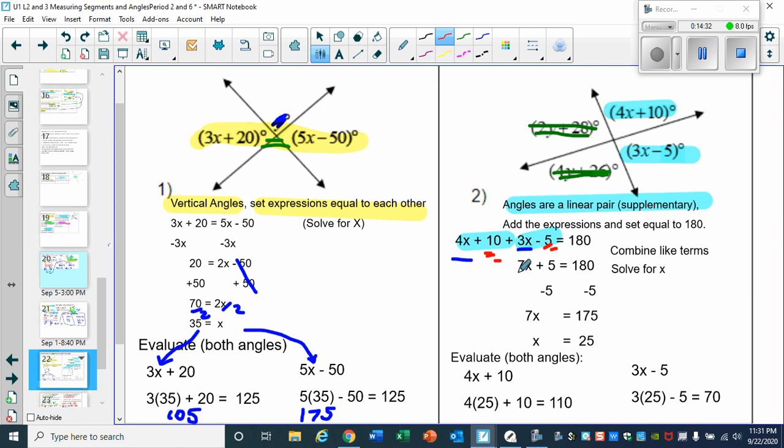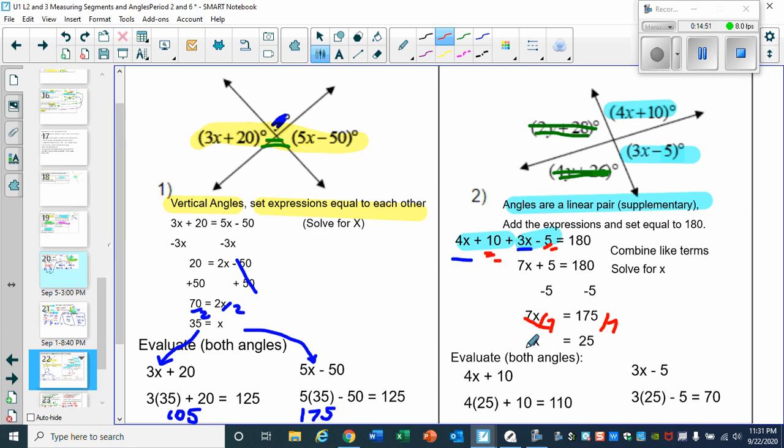And then 7x plus 5 equals 180. Subtract 5 on both sides. You have 7x equals 175. Divide both sides by 7. The 7s cancel, so you're left with x equals 175 divided by 7, which is 25.